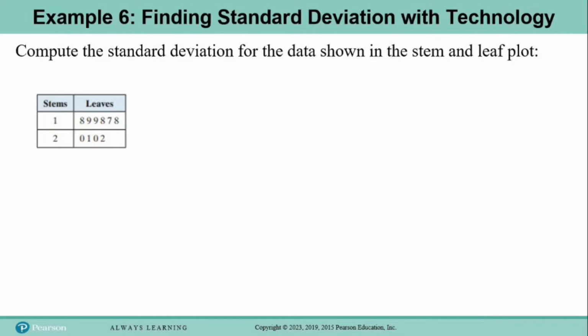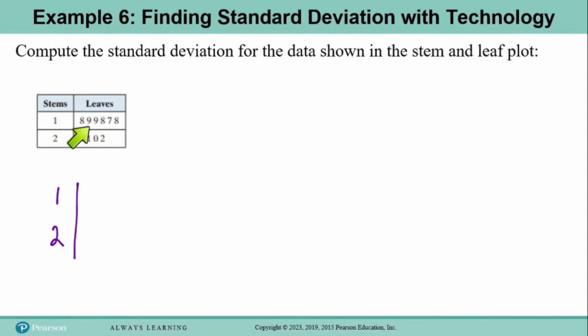Let's practice finding standard deviation with the data in this stem and leaf plot. Now we are going to use the calculator to find the standard deviation, but before we jump over there, notice that these leaves are out of order. It will be much easier for us to enter the data in our calculator if we put the leaves in order, because then we can use the frequency function on the calculator. So let's rewrite our stem and leaf plot. We'll have the same stems, of course, but the leaves just need to be put in order.